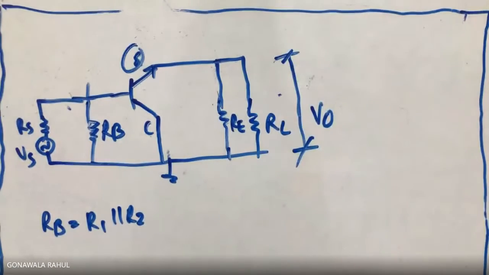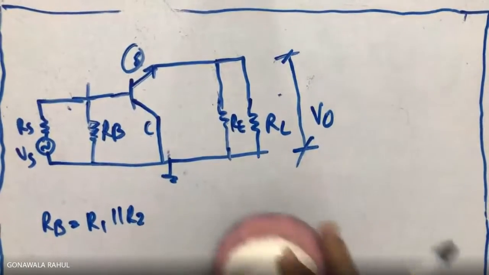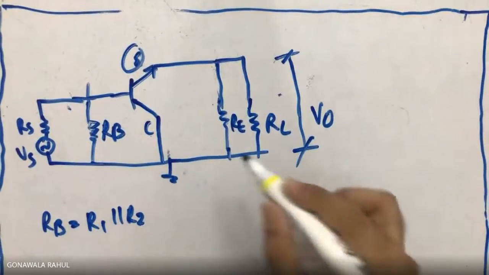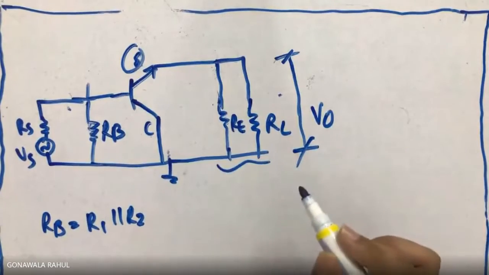So if I rearrange these resistors, it would be a very simple circuit now. Let's say, in a more simplified manner, RE and RL are parallel.